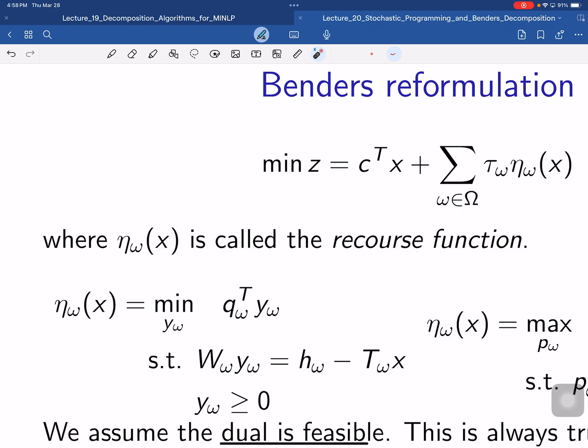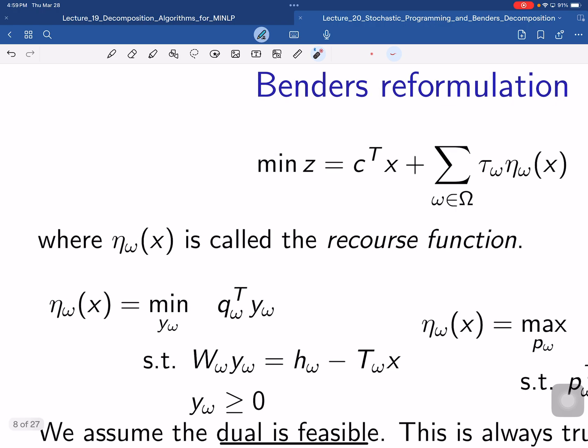But now we are writing the second stage problem as a function of x. Once you are given different x, you solve this problem that is parametric on x. In the second stage, you are minimizing over y omega for each scenario omega. So this is nothing but a rewrite of the original problem.